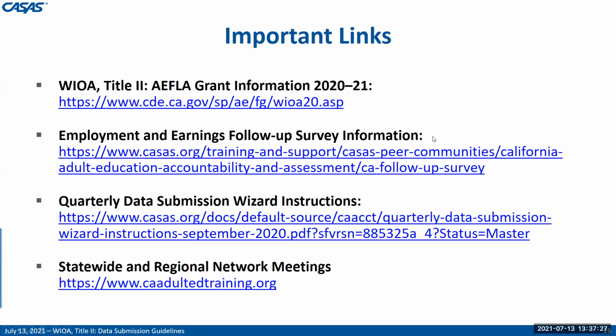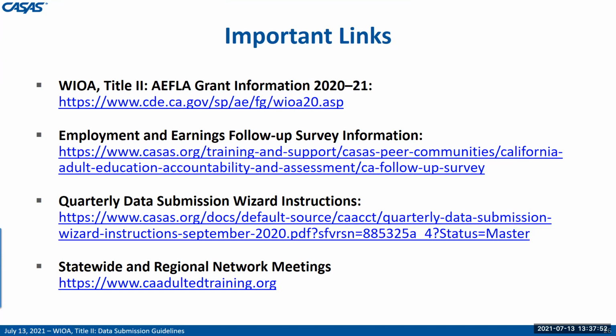Here are some important links for this process, like the AFLA grant information. This will give you specific information, as well as the ones that I gave you in our chat. Let me repost these links that I posted at the beginning of the training so you can access them later if you'd like.